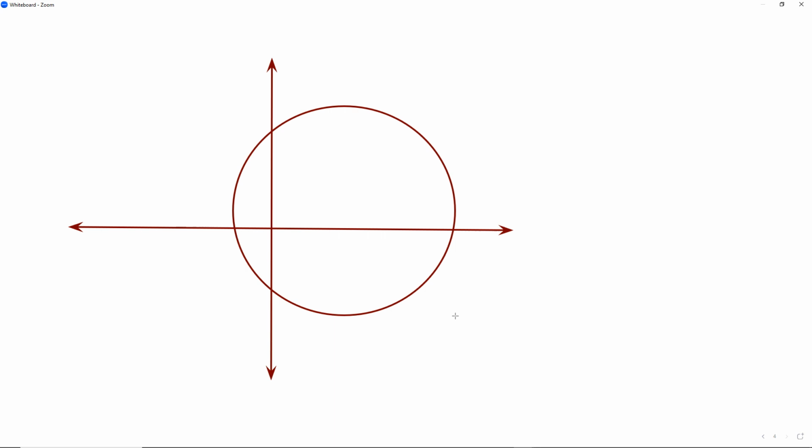All right, so let's say you've got this circle over here, and you've got some center, which is, let's say, at 4 and 1 over here. And you want to find what is the equation of the circle, all right?